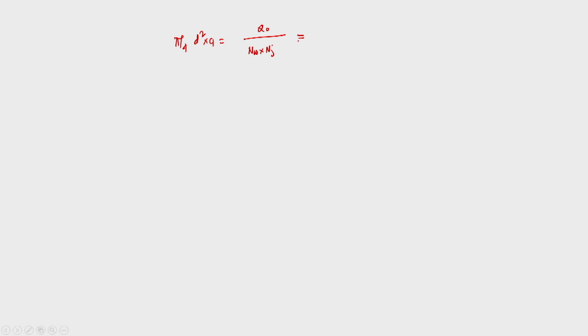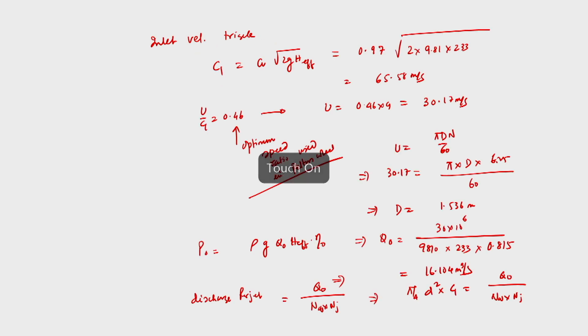So from there we can calculate that C1 is equal to 65.58 meter per second. That is what we have obtained, the value of absolute velocity.